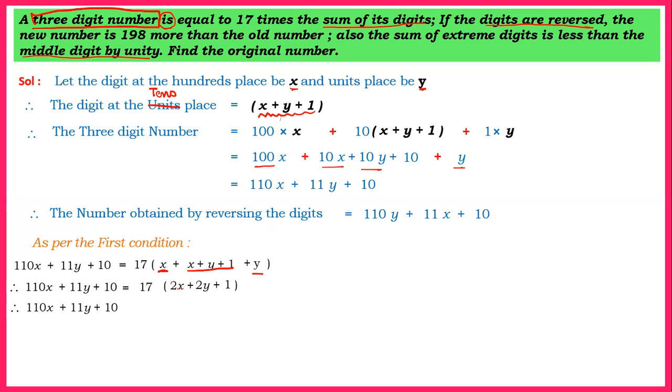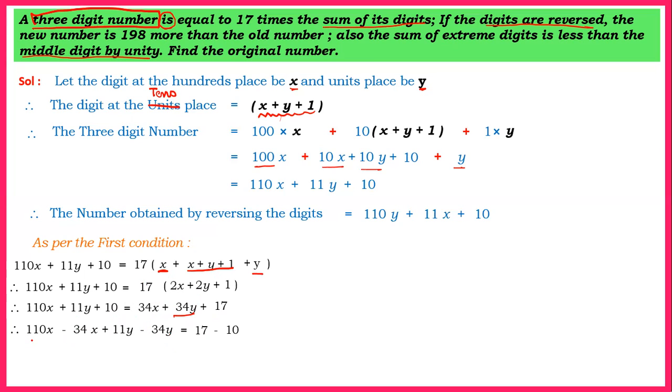So 17 into 2x will give me 34x. 17 into 2y will give me 34y. 17 into 1 will give me 17. Let us put the like terms together, all the x and y terms to the left hand side and constant to the right hand side. Now 110x here plus 34x shifts to the left hand side, it becomes minus 34x, that is subtracting 34x on both sides, plus 11y as it is, plus 34y here, it shifts to the left hand side, it becomes minus 34y, is equal to 17 as it is, plus 10 shifts here, it becomes minus 10.